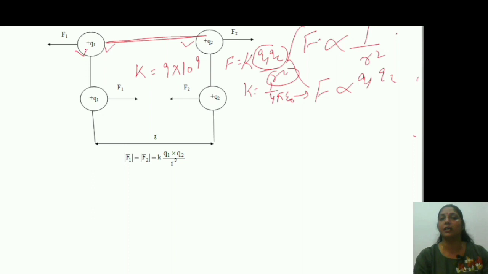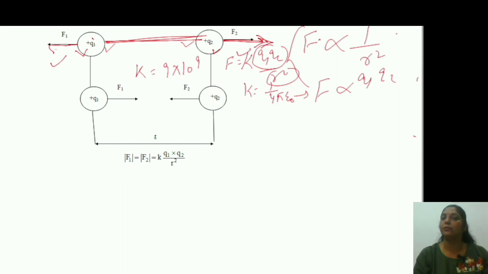If both are positive charges, the first body exerts force on the second body in this direction. This is the line joining the two charges, so force is acting in this direction. And force exerted by second body on first one is F1 in this direction. Why these two directions? Because both are of same nature, positive charges. So both forces are repulsive in nature, right?